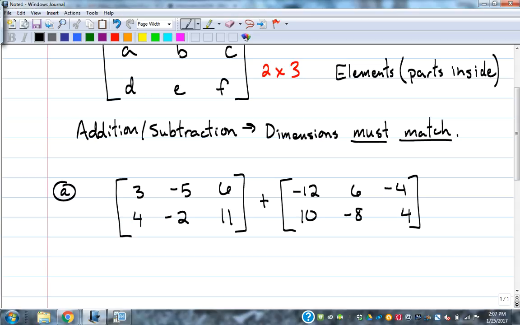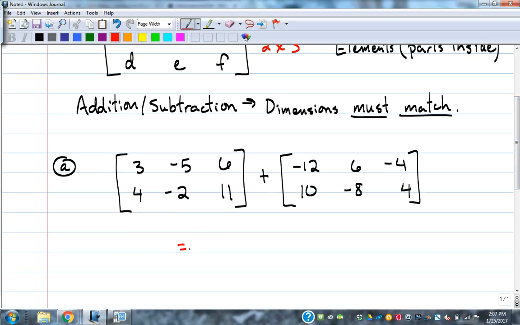With matrix addition, you add corresponding elements. That means first row, first column, the 3, is going to add to which number in the second one? The negative 12. You just match up and do the addition, or subtraction if there's a minus between. If you're adding a 2 by 3 plus another 2 by 3, what size do you think your answer is going to be?